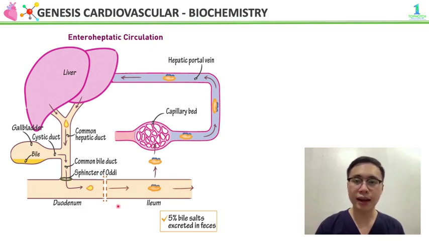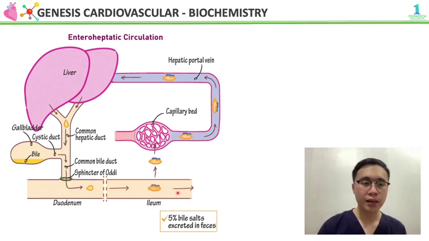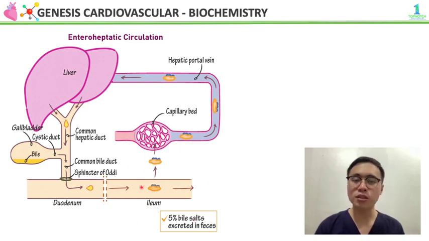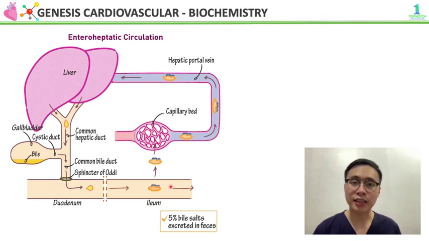At which segment again of the intestine do they get absorbed? Over here, no? So in the ileum. Okay, so nare-reabsorb tong mga bile salts na, sa ileum. Some of them get reabsorbed, but some of them, around 5%, get excreted in the feces. But if you take bile acid resins, no, they will bind to it and it will inhibit reabsorption in the ileum. Therefore, more of it gets excreted. So that's one way of lowering down the cholesterol.